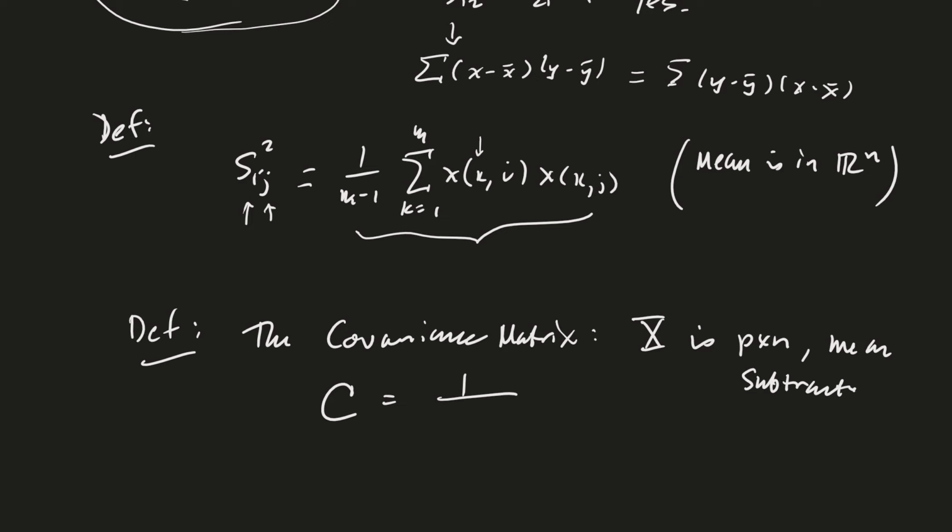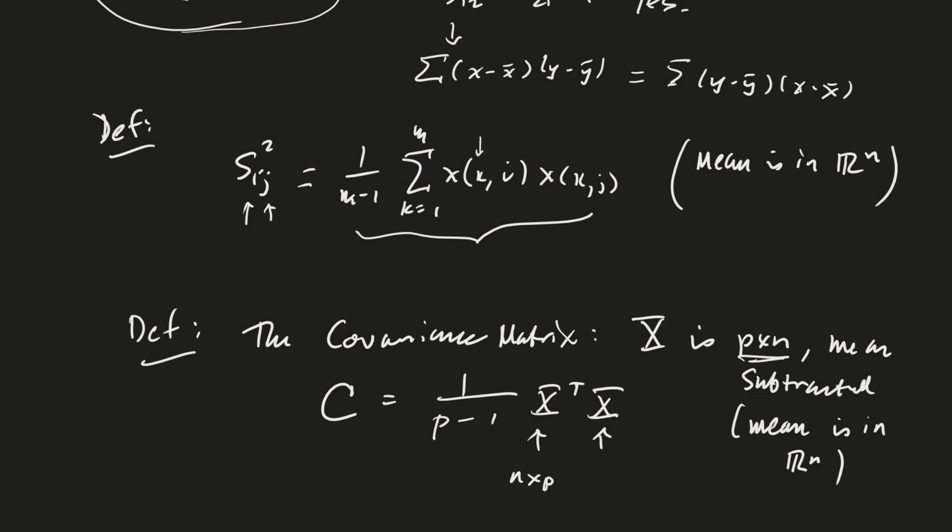And again, mean subtracted means the mean is in R^n. This ought to be 1 over P minus 1 times X transpose X. So if X is P by N, this is N by P, this is P by N. So the result is your N by N covariance matrix.